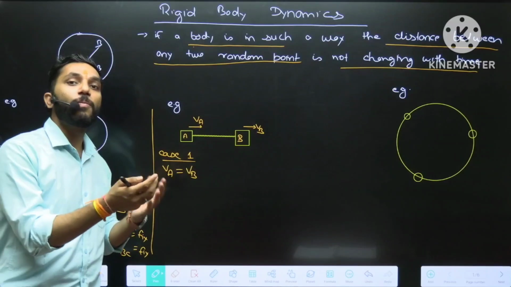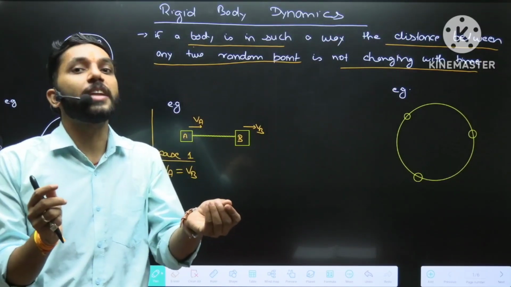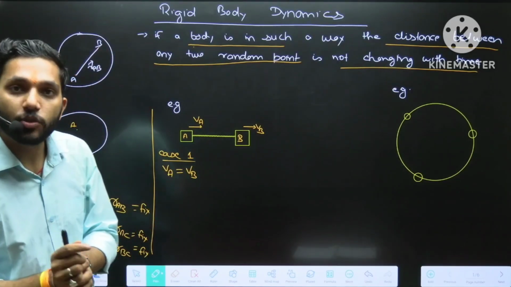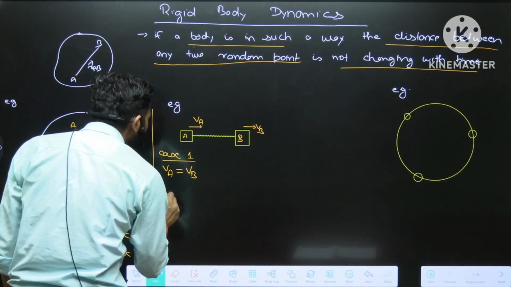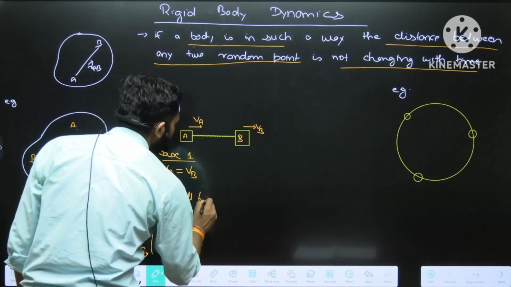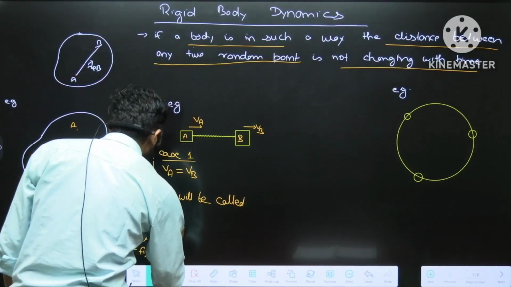Obviously, if both have the same velocity, in a limited time interval both will travel the same distance, so the distance between A and B is not going to change. In that case we will call this system a rigid body.